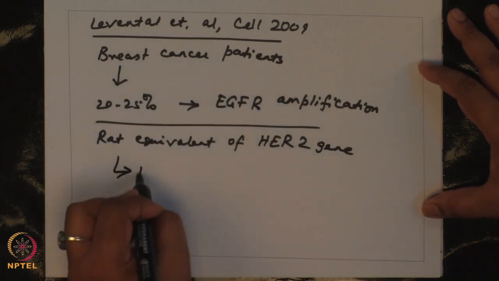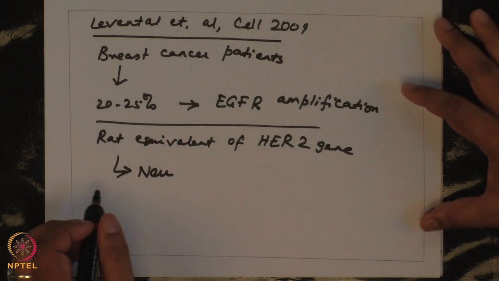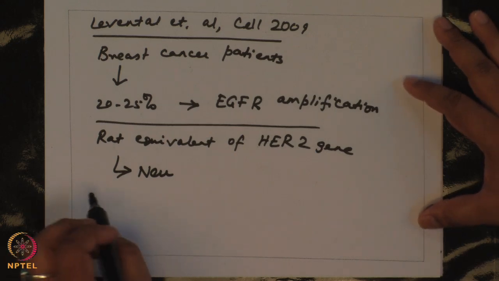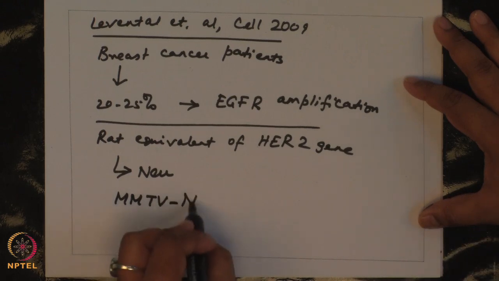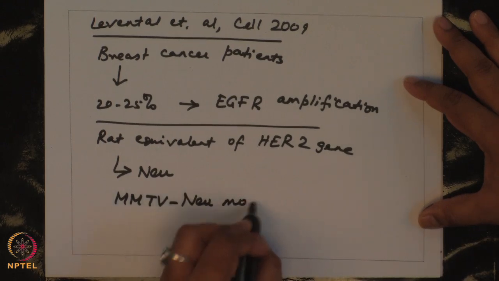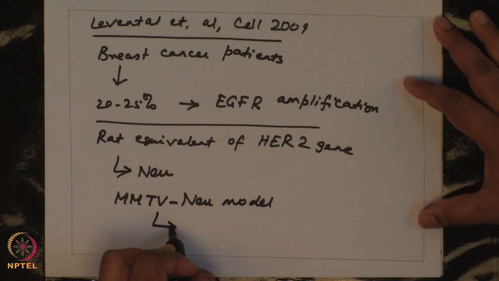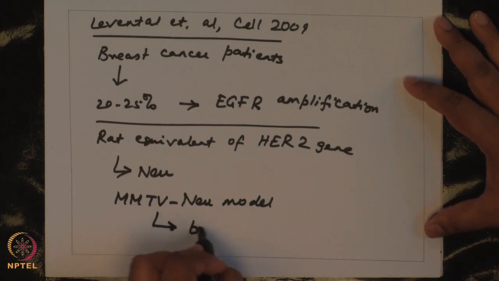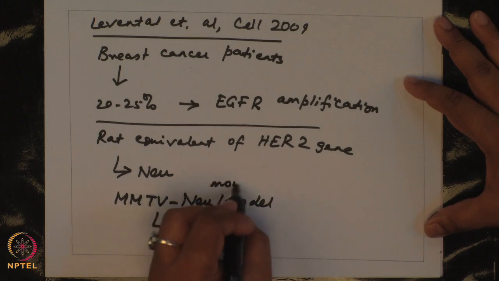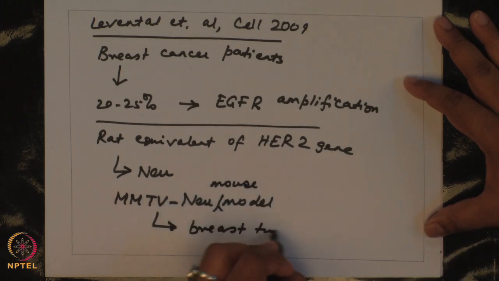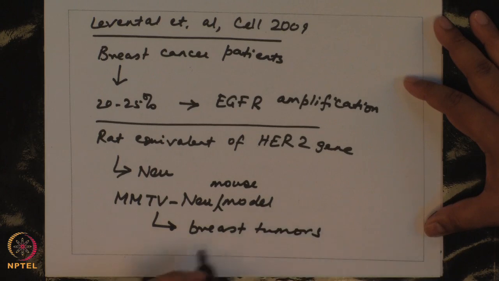This is called NEU, and they used a model using the MMTV promoter. So, in this mouse model you generate breast tumors with long latency periods.